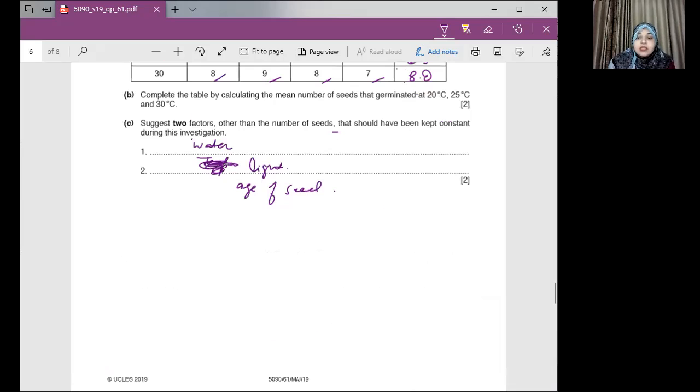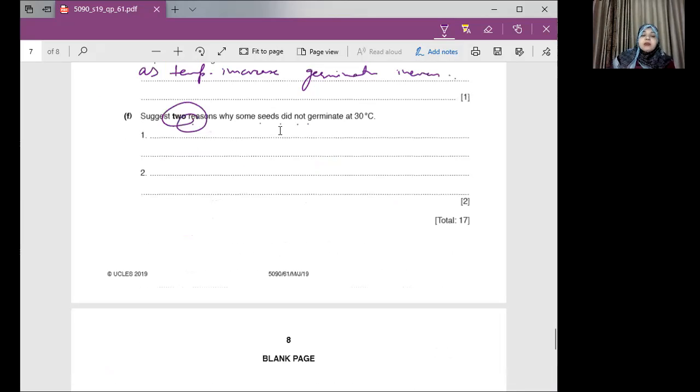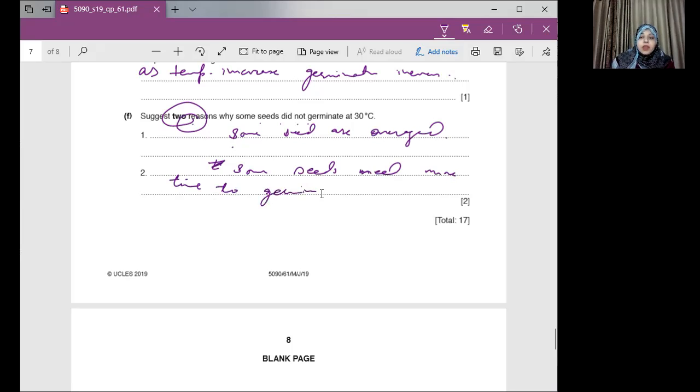Why did some seeds not germinate? The reason is maybe some seeds are overaged, or maybe some seeds need more time to germinate, right?